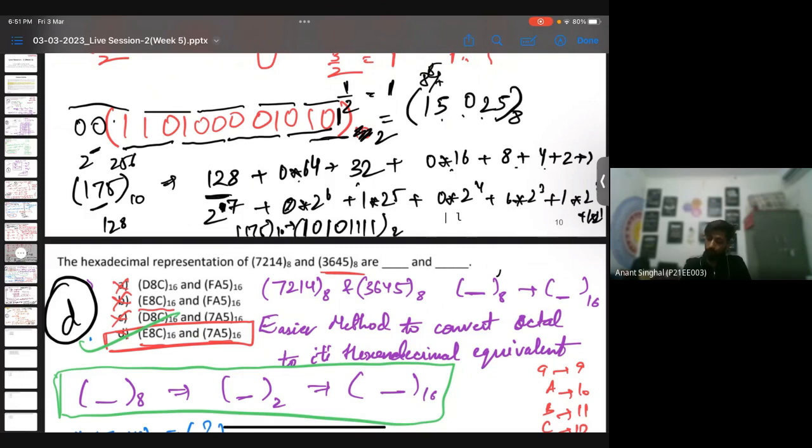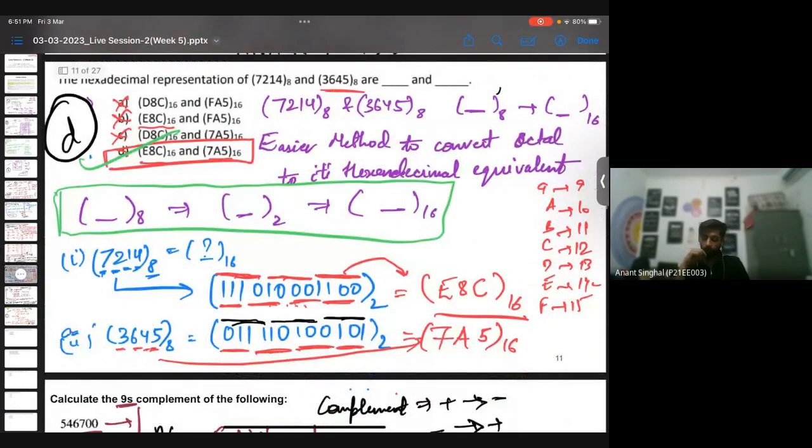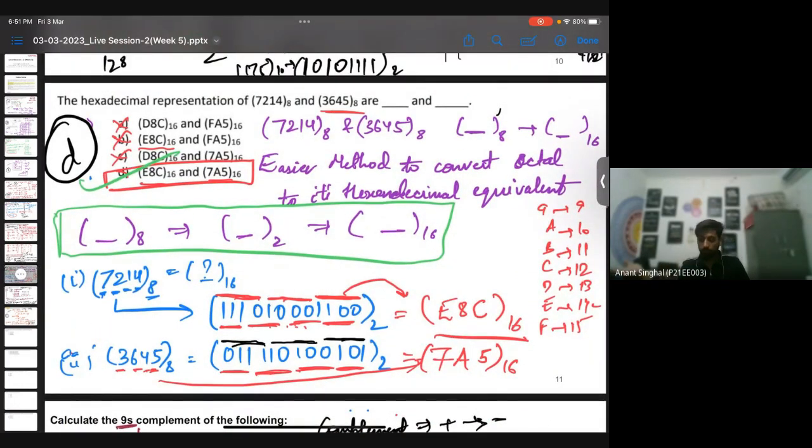Then I tried to familiarize you with how we can convert any octal representation to its hexadecimal or vice versa. We can also convert hexadecimal to its octal equivalent. This was another question that we covered, which was quite easy. How can we do it? We first convert the octal number to its binary equivalent, which is making a pair of 3.